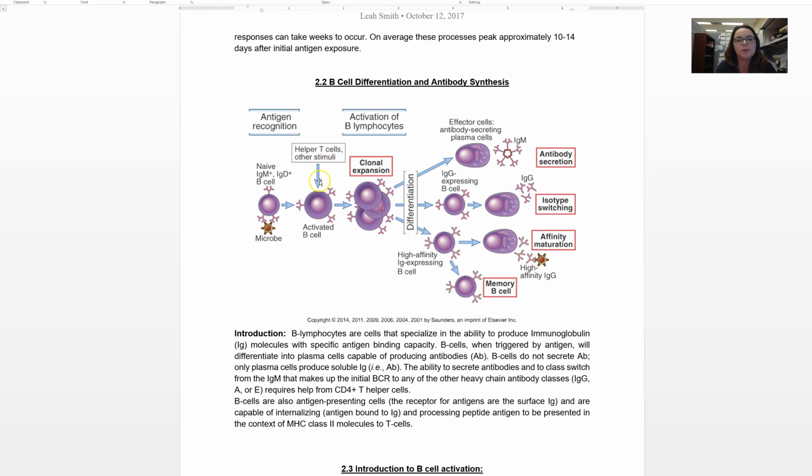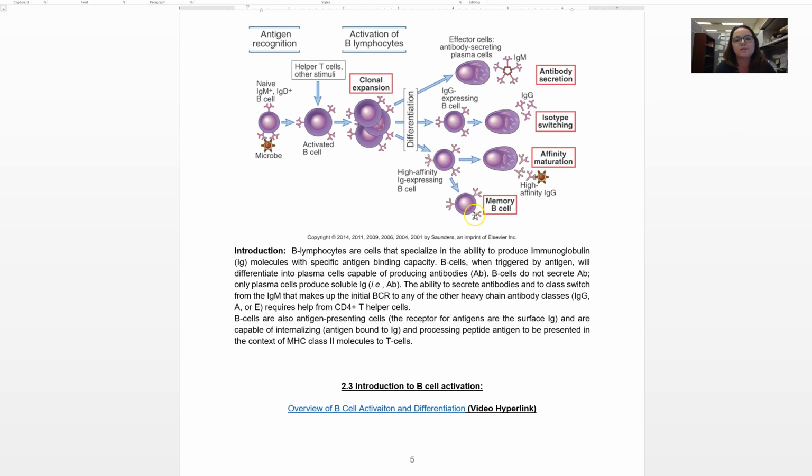Then once it gets stimulated and is exposed to help from T cells, it becomes an activated B cell. It can then expand and become an antibody secreting cell like a plasma cell, or an antibody secreting cell that secretes a different class of antibody. And the type of antibody and how good that antibody is at eradicating the pathogen will get better over time.